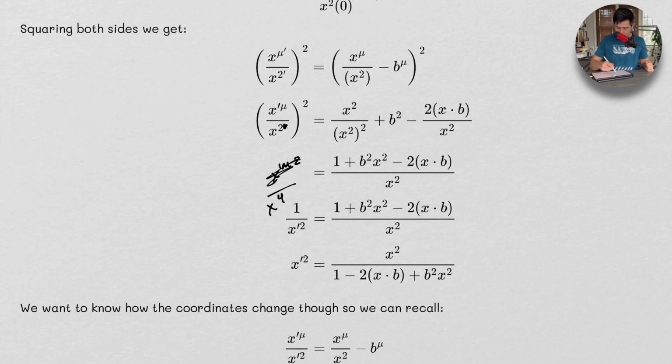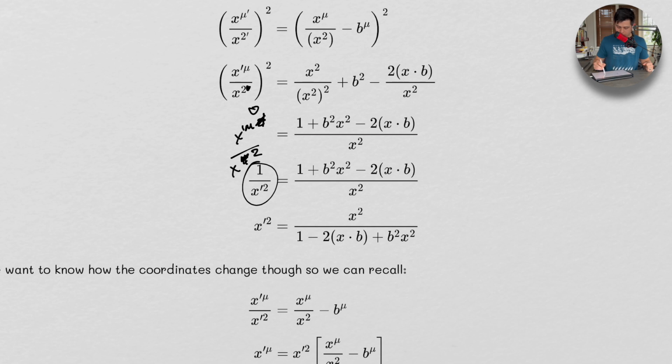So this is going to go to 1. This exponent is going to go to 1 or 0, right? And then this exponent is going to go to 2, which is why we get this, because anything to the 0th power is just 1. And so we have this then. We have this then. And then this guy, we take the inverse of all of this and we get this. Okay?